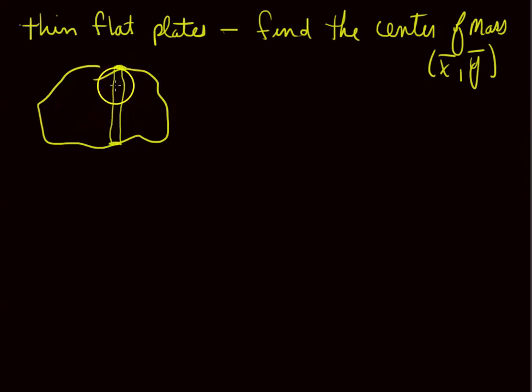This strip we're going to look at has a moment about the y-axis and a moment about the x-axis. You can think of the mass of this strip being centered at a point. Now we've already used x bar and y bar, so we can't use that.